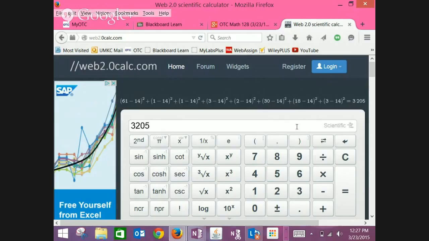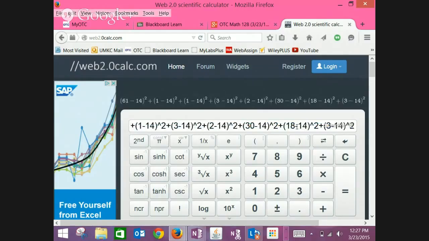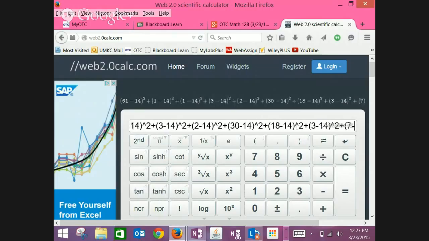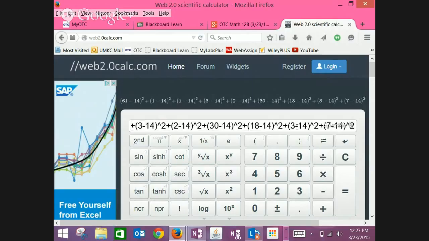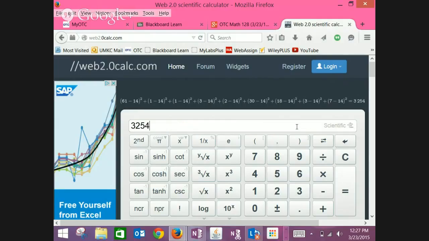Plus 7 minus 14. Okay, so you see above here, it has 61 minus 14 squared, 1 minus 14 squared. I have 9 numbers. So I hit enter and it gives me 3,254.